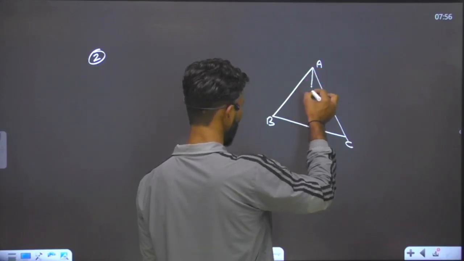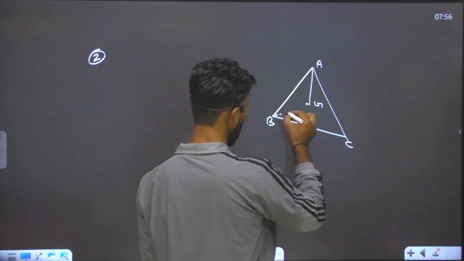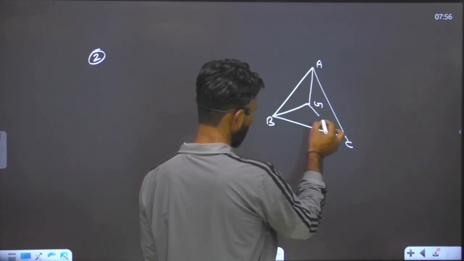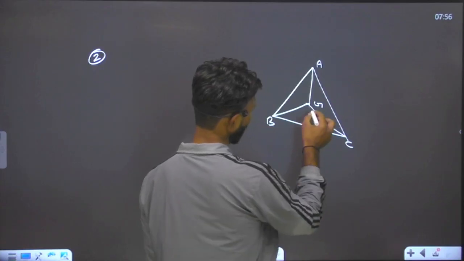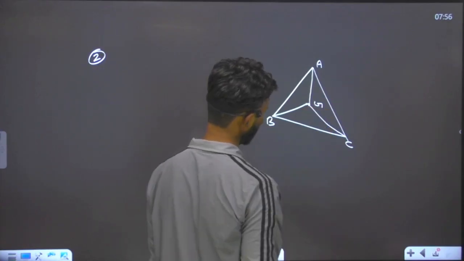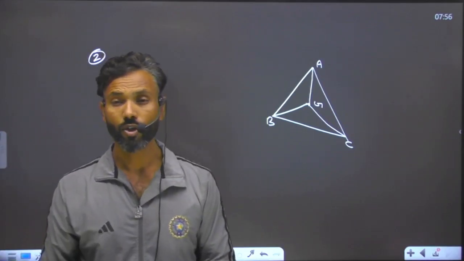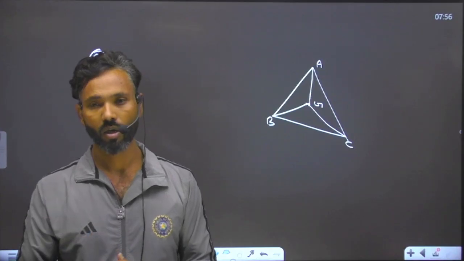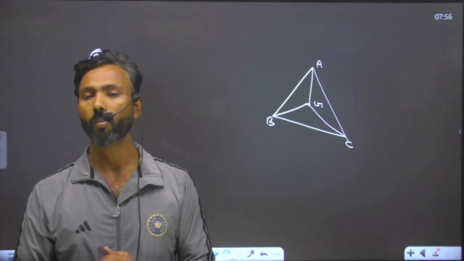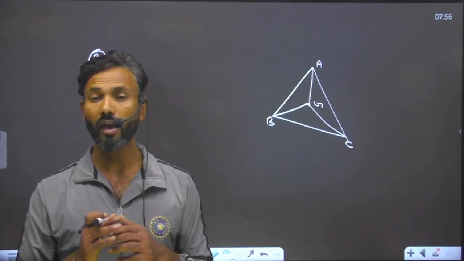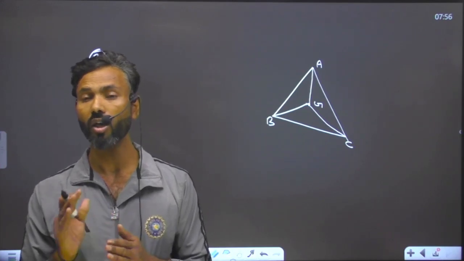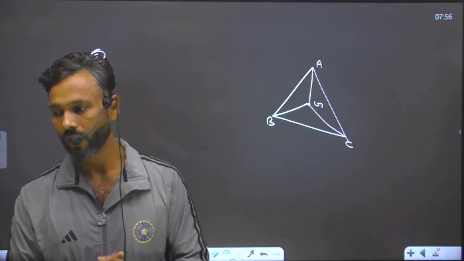Vertex A is joined with centroid G, vertex B is also joined, and vertex C is also joined. So all three vertices have been joined with centroid G. Now tell me, if we have joined each vertex with the centroid G, into how many parts is the triangle divided? So now you can say that the triangle has been divided into 3 equal parts.